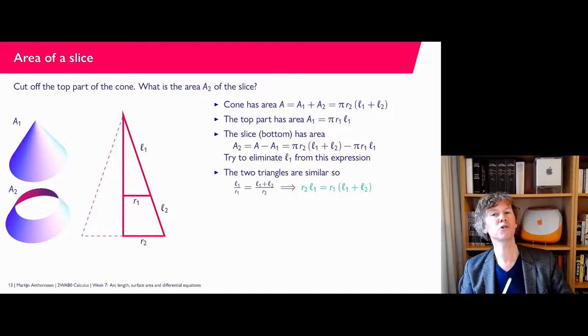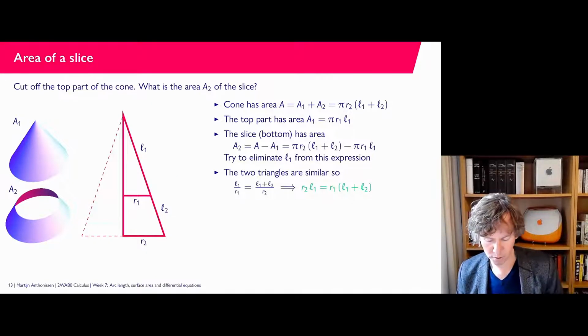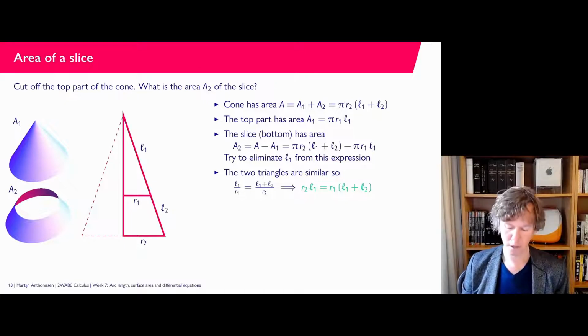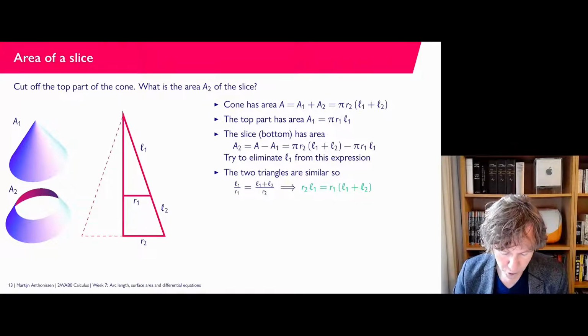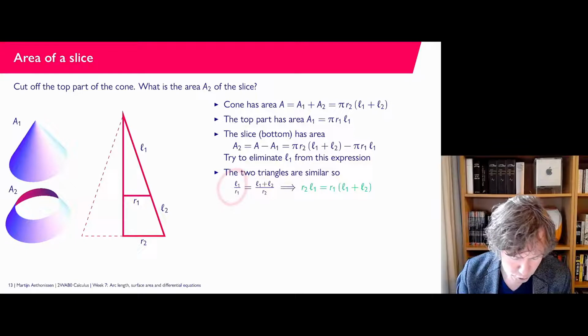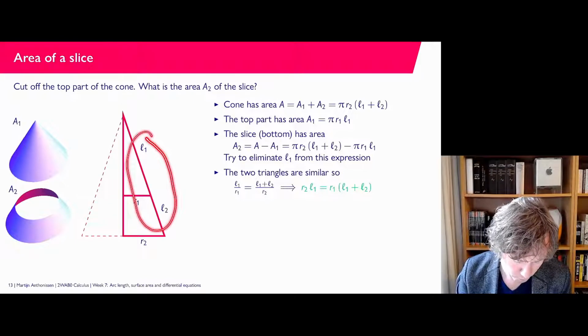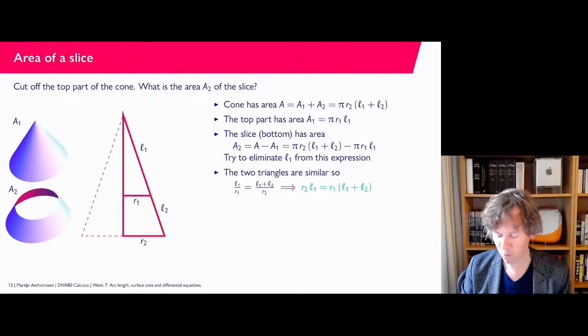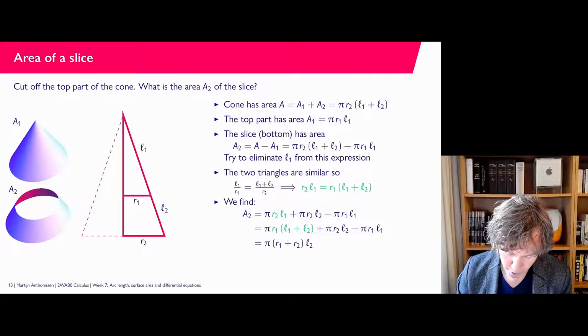As you see, they basically have the same shape, so they are similar, as it is called in geometry. So then the ratio L1 over R1, this length over this length, should be the same as this length over this length here. Then you rewrite a little bit and you have this green formula, you plug that in, rewrite a little bit, and then we have the following for the area of a slice.